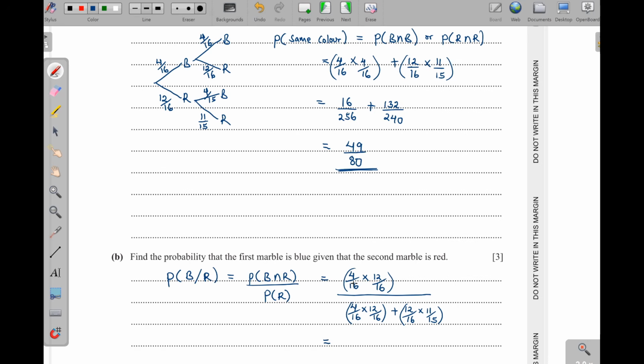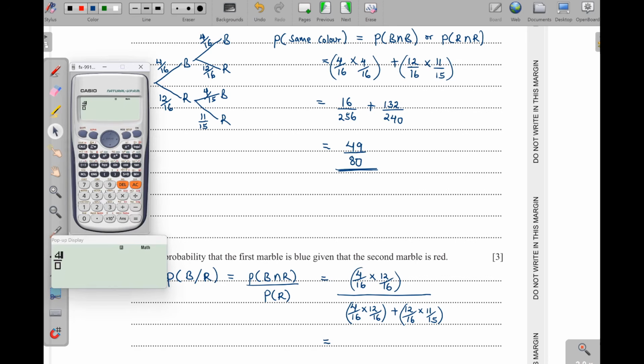Then altogether, what does this one give us? 4 out of 16, then times 12 out of 16. Down here, we also have 4 out of 16 times 12 out of 16. Let me first close these brackets here, like that.